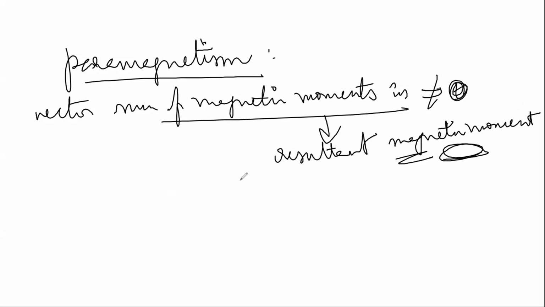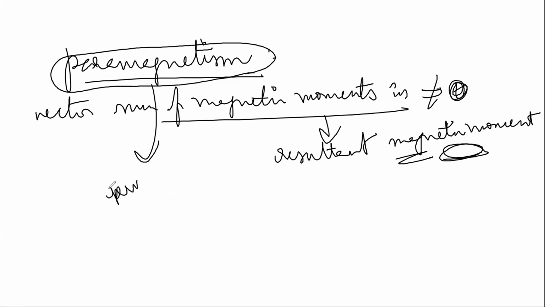Hence, this type of material with magnetic moment present is called a paramagnetic substance. So this phenomenon is called paramagnetism. Here in paramagnetism we have permanent magnetic moments. For paramagnetic materials we have permanent magnetic moments.